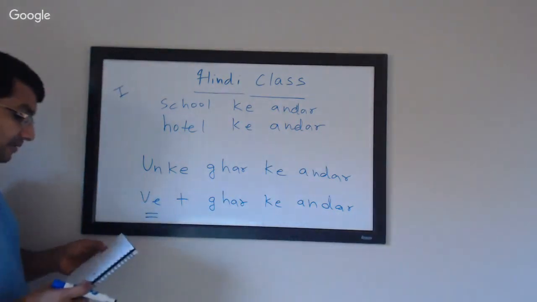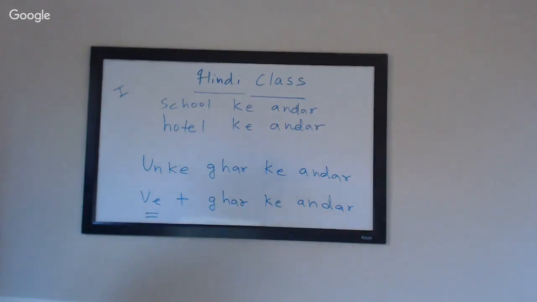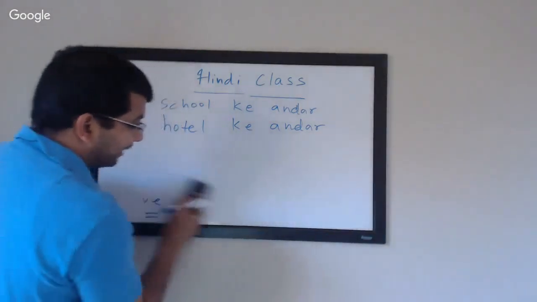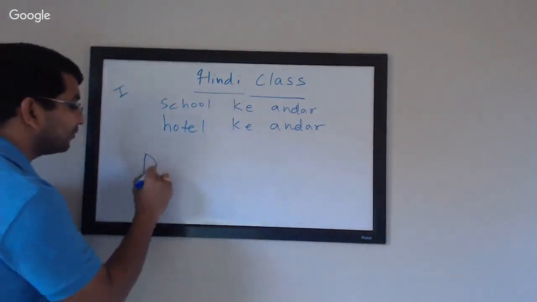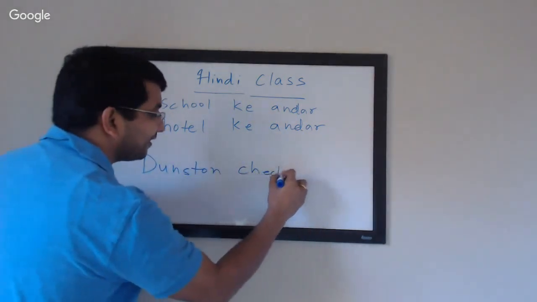And interestingly, when you say hotel ke andar, I have a short story to tell you. A lot of you might have watched this movie, where the name of the movie is Dunston Checks In, right?